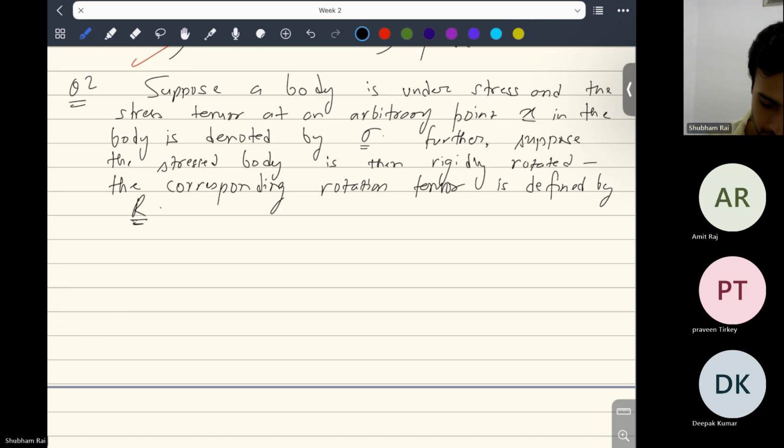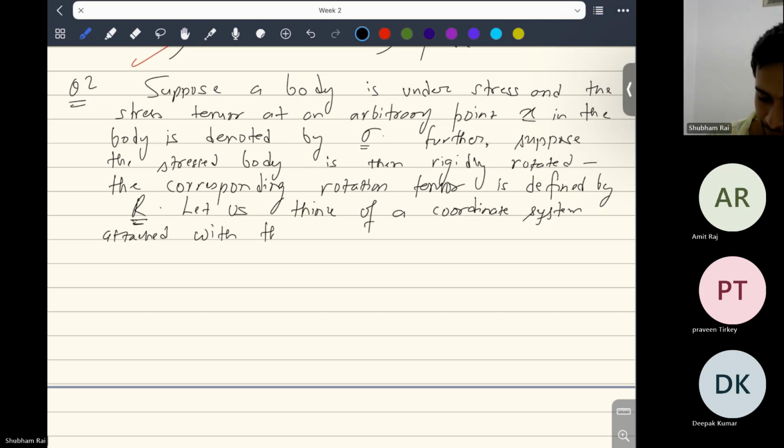So let us think of a coordinate system attached with the stressed body, which also rotates as the body rotates. So the coordinate system is also rotating and by the same amount.